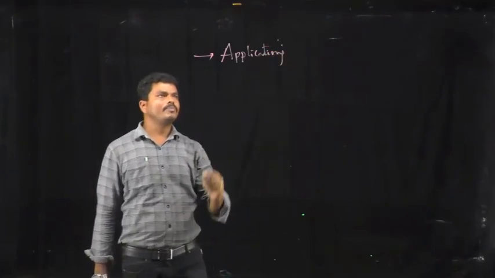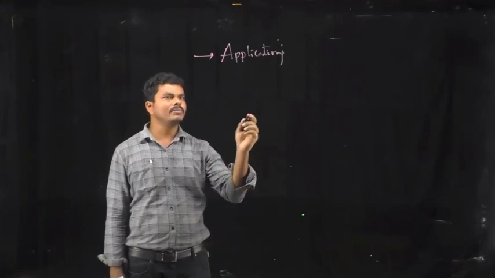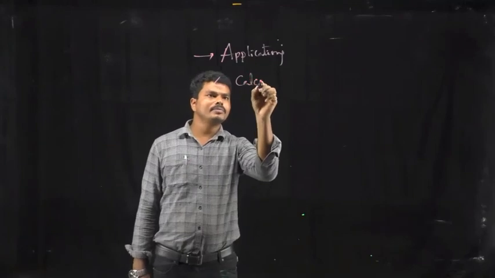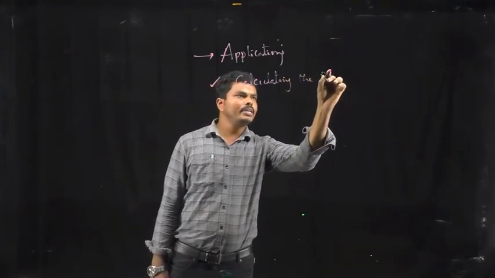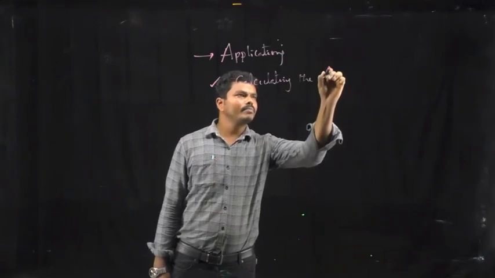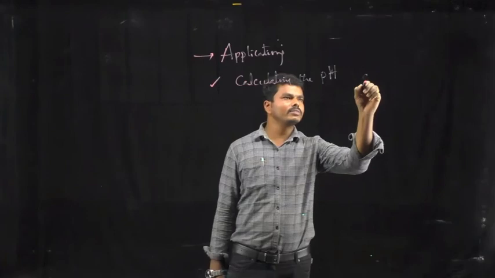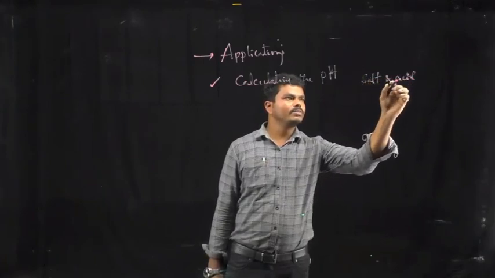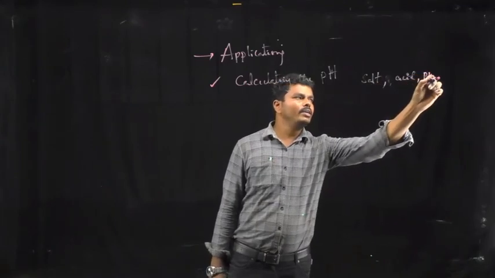When it comes to the application or significance of this buffer equation, or Henderson-Hasselbalch equation, it helps in calculating the pH of a buffer solution when the initial concentration of the salt and acid and the pKa are known.